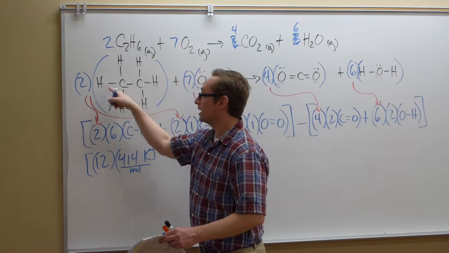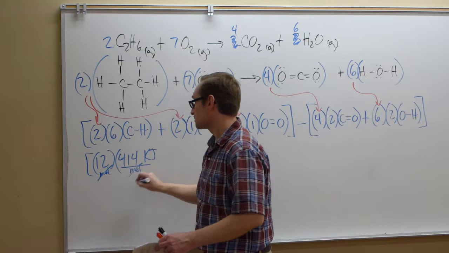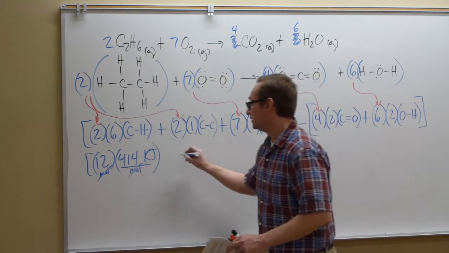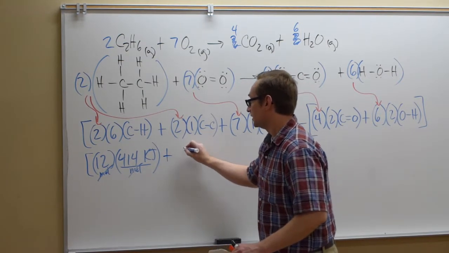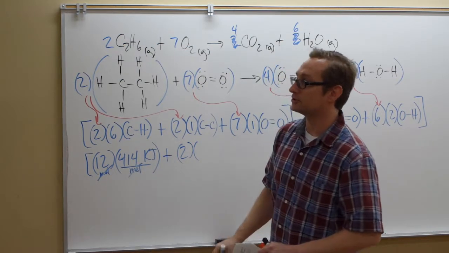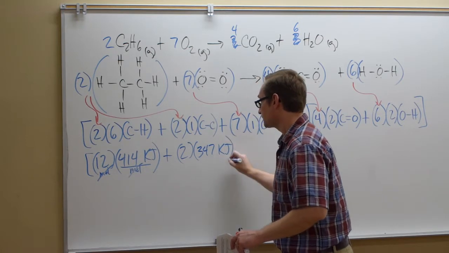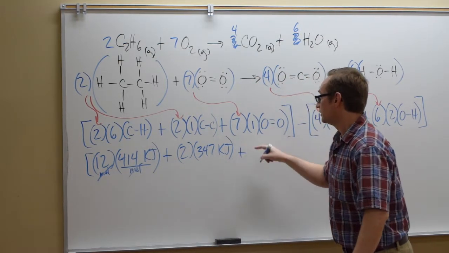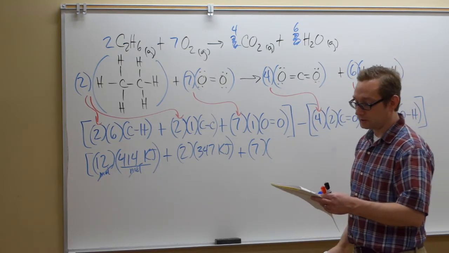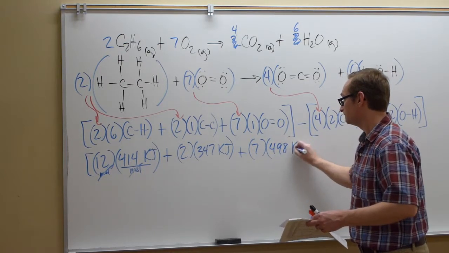Now remember, this is 2 times so many moles of bonds, so really this is moles too, and so the moles will cancel. Okay, and you're just going to get energy from this. We've got 2 times the CC bond. So if you look up a CC bond in that table, you should find 347 kilojoules from that. You've got 7 times the OO bond. Okay, for an OO double bond, you should find 498 from the table.